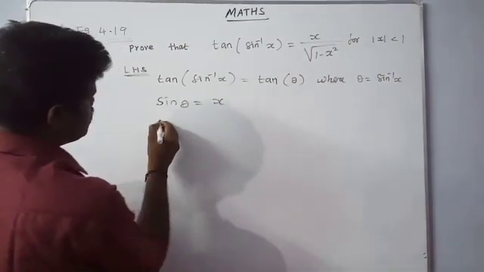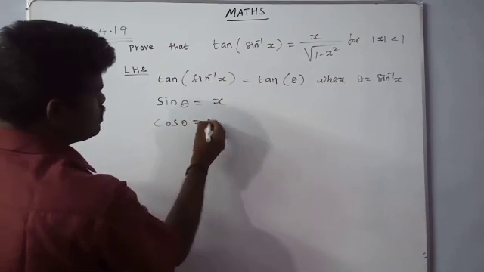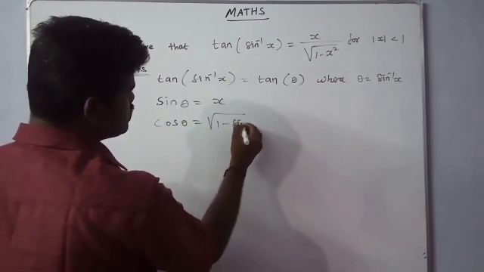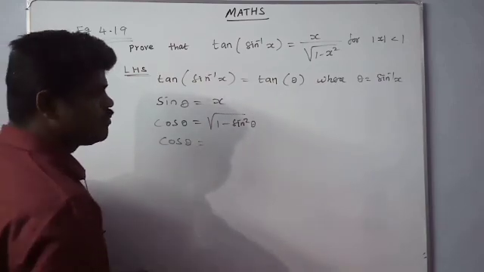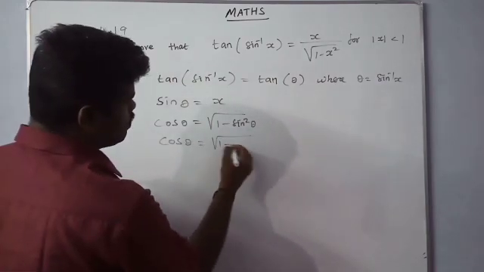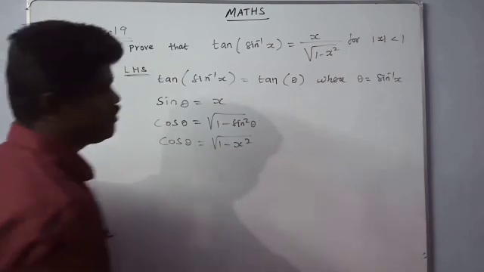Now cos theta is equal to what? Cos theta is equal to root of 1 minus sin square theta, and cos theta is equal to root of 1 minus x squared.